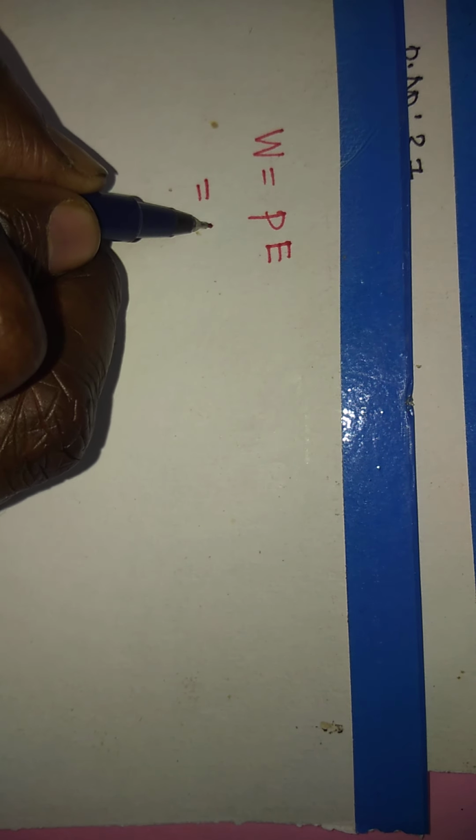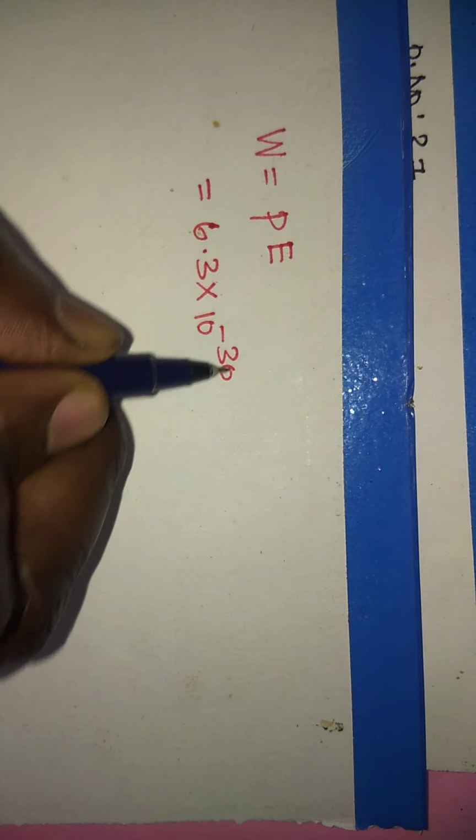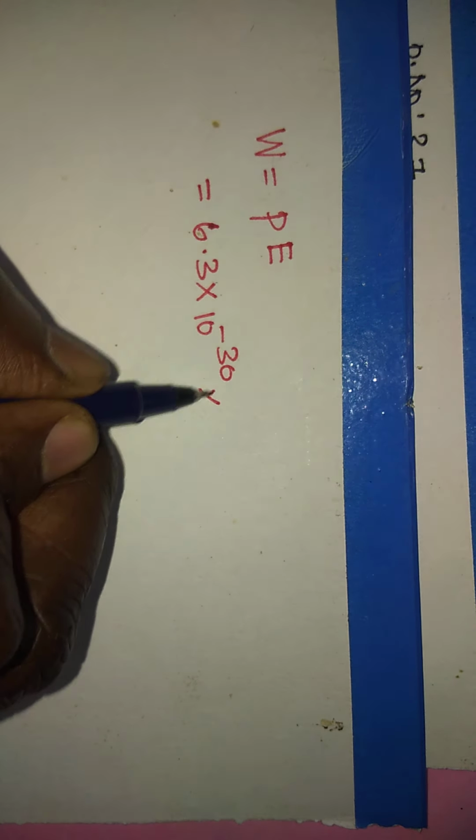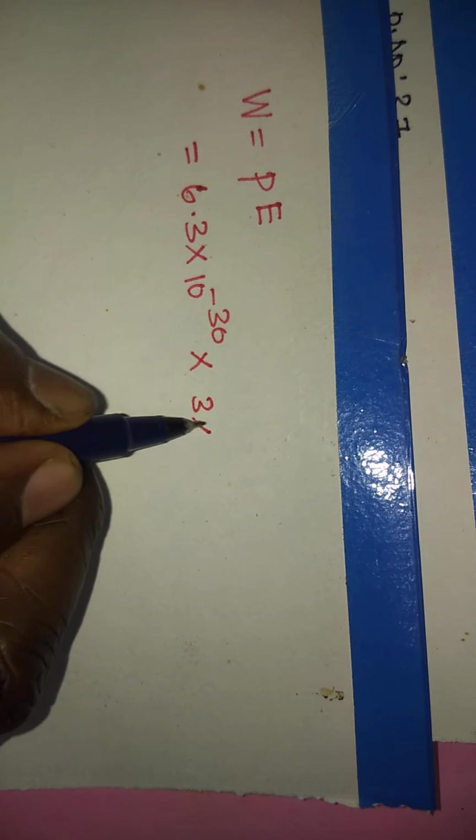P is equal to 6.3 × 10^-30, into what is the value of E? 3 × 10^5 N C^-1.